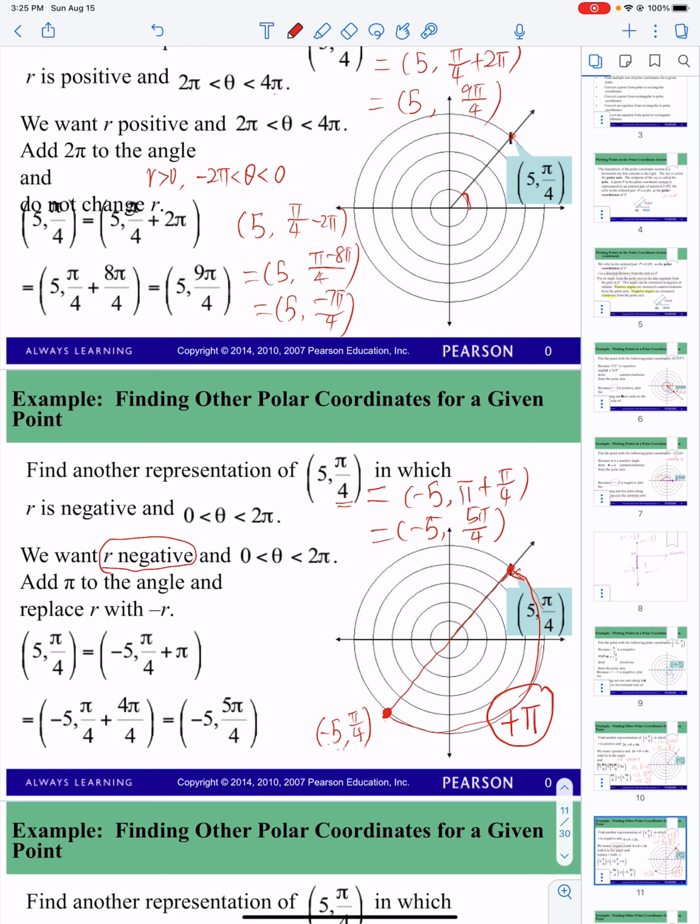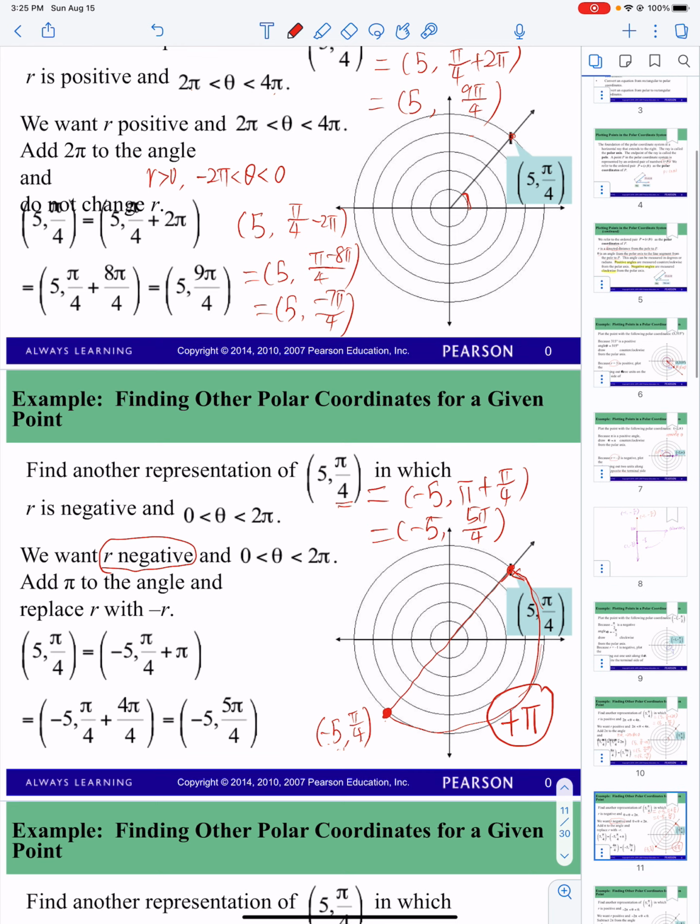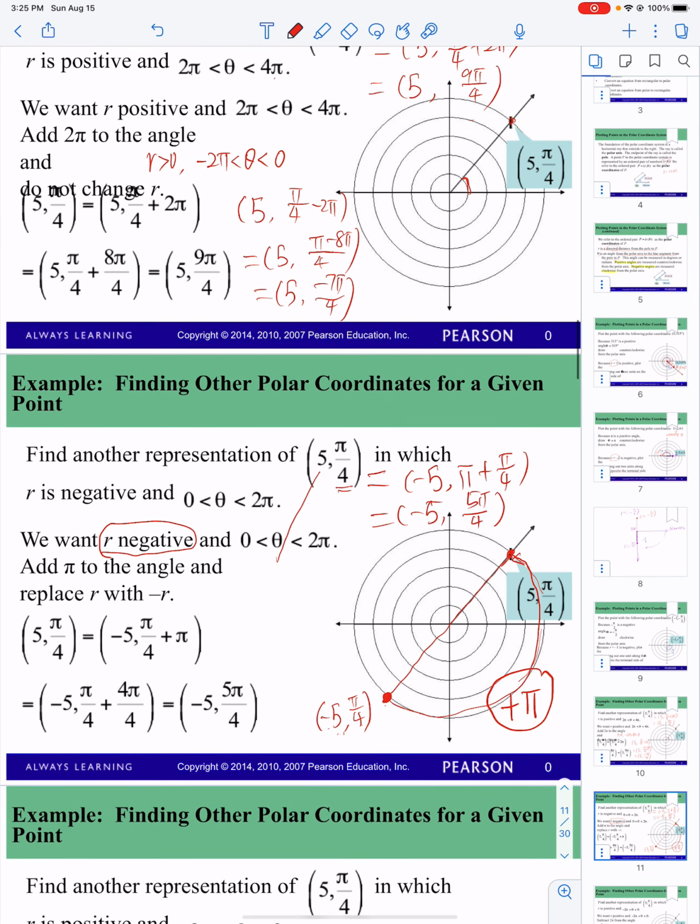You guys clear? Okay, so what is the formula here? If your r changes to negative r, what will your theta be? Your theta will be theta plus pi or theta minus pi, depending on which theta you want.